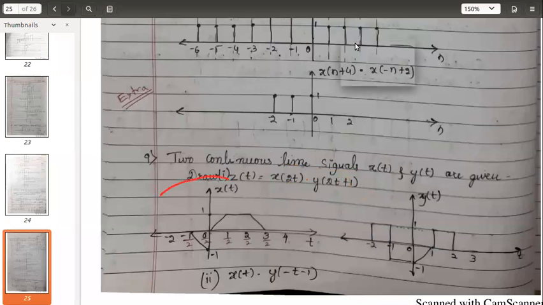For my ease, I will start with this part. Generally, how we solve: we take the first signal, do the scaling, complete this. Then for the second signal, we take y, do these 2 operations, and after that, these 2 answers finally we multiply. But for my ease, I will first complete this part so that one answer I will get.